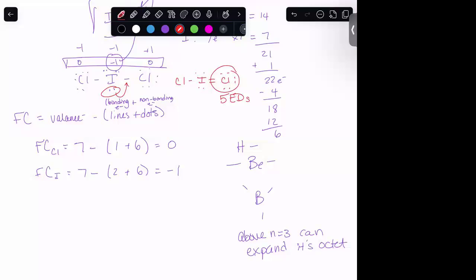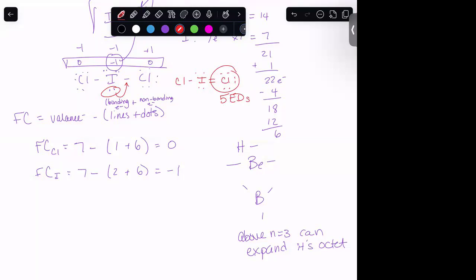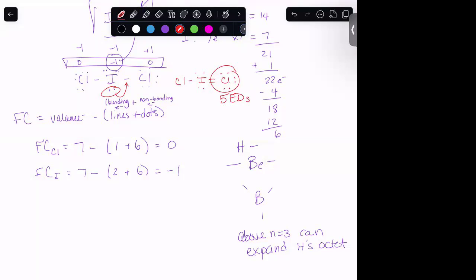Also, is your most electronegative atom in most cases your central atom? No, your most electronegative is on the outside. Your least electronegative is on the inside. And you want your most electronegative to be closer to 0. Yes. Okay, I understand. Thank you.